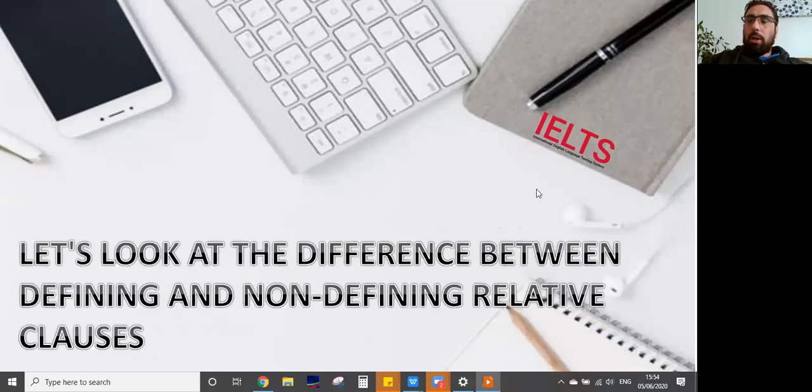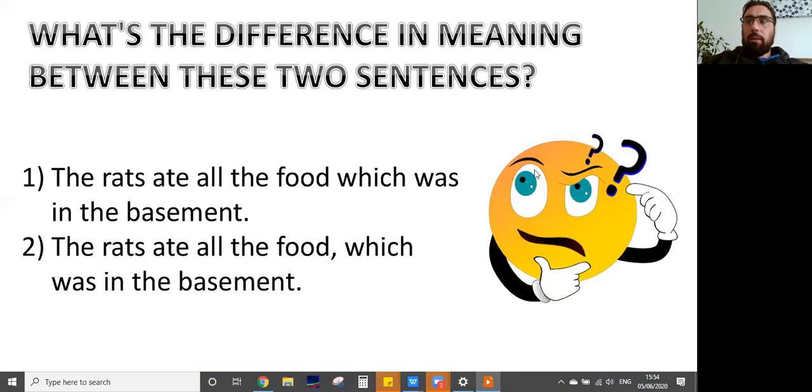Now, just before we delve into the lesson, we're going to take a quick look again at the differences between defining and non-defining before we start. Similar to the last lesson, we have sentences and we want to work out the differences between defining and non-defining.